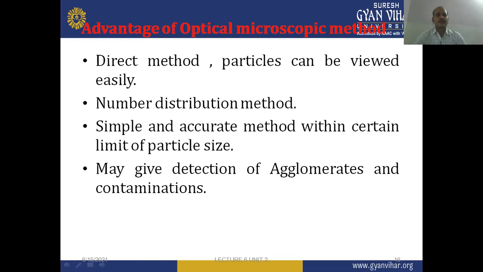It is a simple and accurate method within a certain limit of particle size, as we discussed, 0.2 to 100 micrometer. It may also detect agglomerates and contaminations. These are the different advantages of the optical microscopy method.